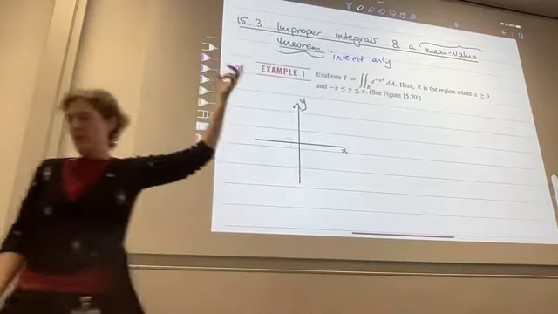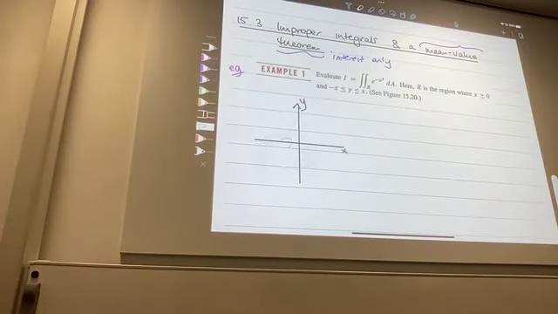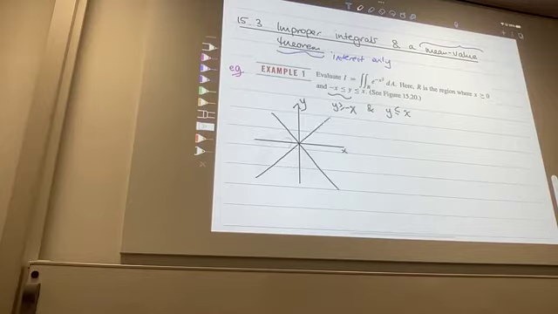I find two inequalities difficult to visualize, so I usually split these up. So this says y has to be bigger than or equal to minus x, and y has to be less than or equal to x. Okay, so the line y equals minus x looks like that, and y equals x looks like that.